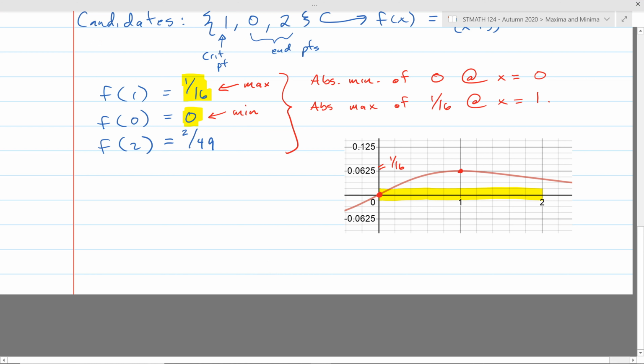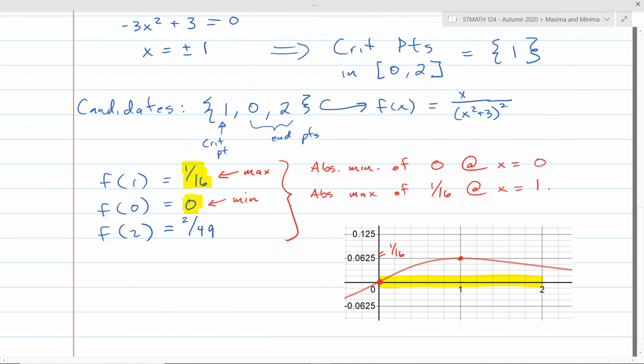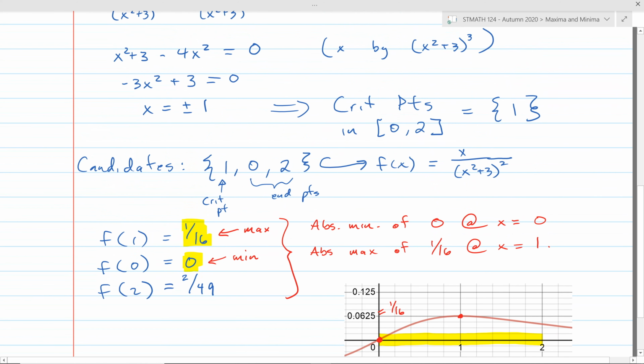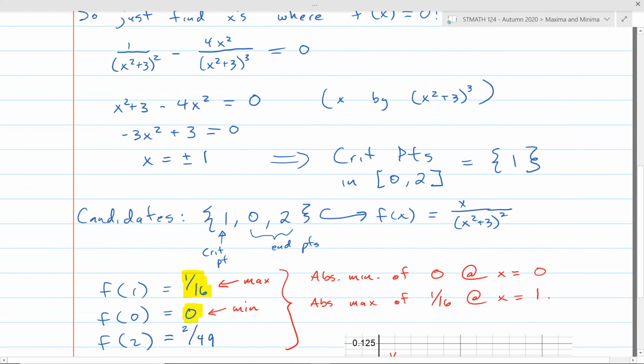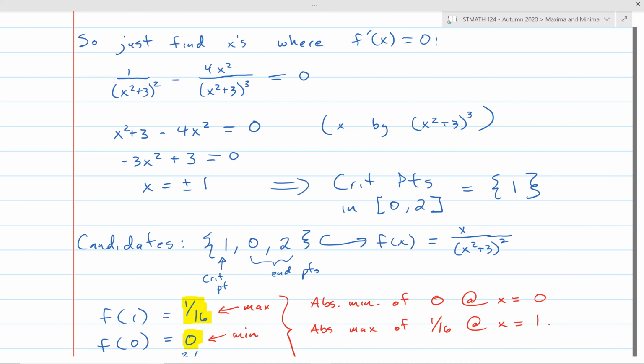Okay, so I think I've given you enough examples to sort of get you started on doing this. Typically, the most challenging step of finding absolute extrema of functions is finding the critical points. In particular, the part where you have to set the derivative equal to 0 and solve for x.